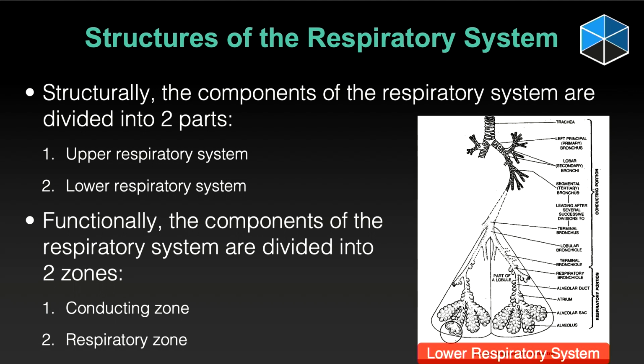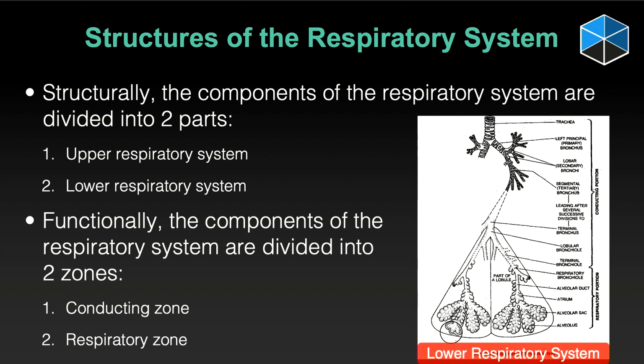Some other things happen, but we don't care about that. Air just moves through here until it gets to the point of interest, the respiratory zone, where gas exchange can occur. Gas exchange occurs in this respiratory zone, and in all the structures that comprise it. That's where gas exchange occurs.